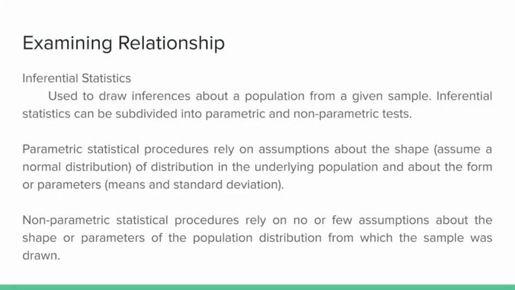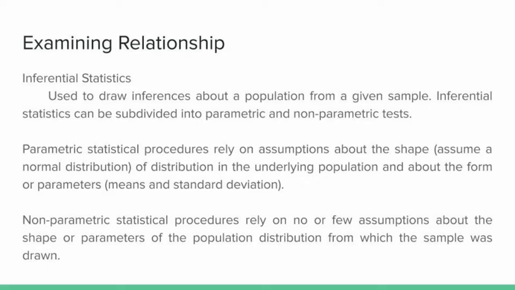When examining relationships, this is the last step of quantitative data analysis. We have to use inferential statistics, which we use to draw inferences about a population from a given sample. As I said, inferential statistics can be subdivided into parametric and non-parametric tests.